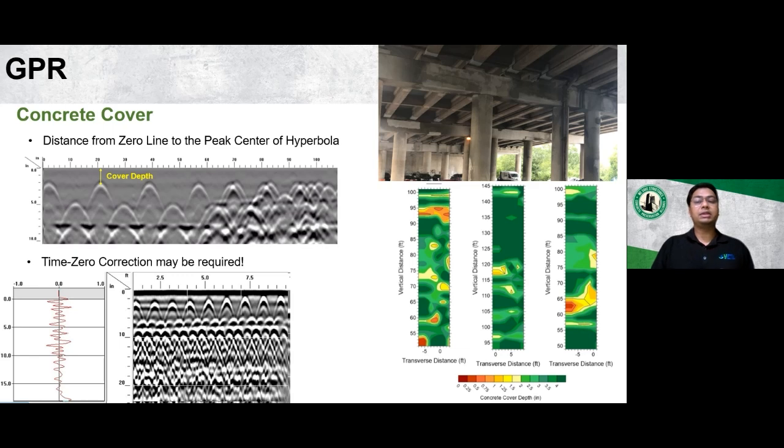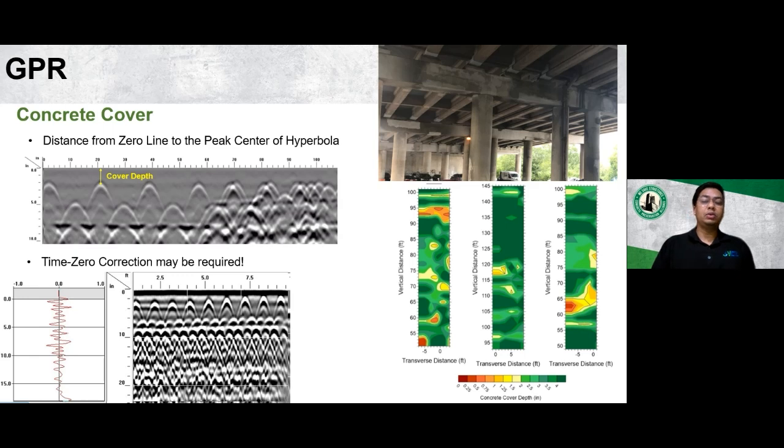And with this information, you can also calculate the statistics of the percent area which has, let's say, lower cover than specifications, and the percentage of area which has adequate cover or more than adequate cover. And since the cover depth can significantly affect the load ratings of the structure, these statistics can be a vital piece of information an engineer can have.